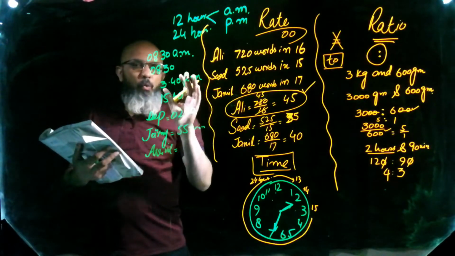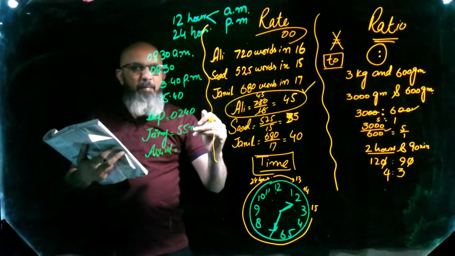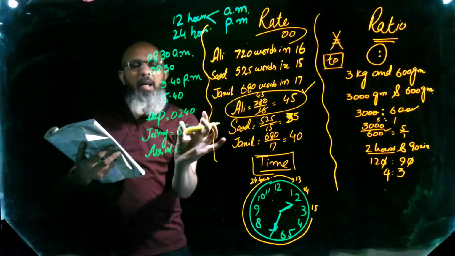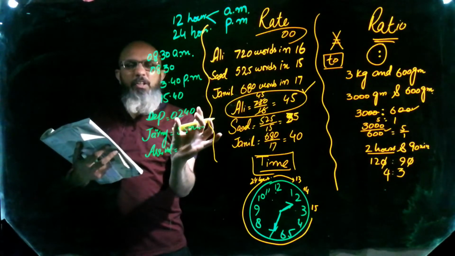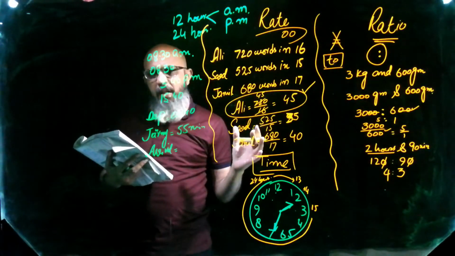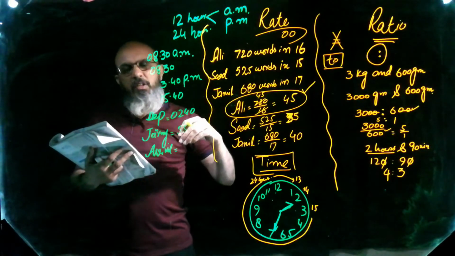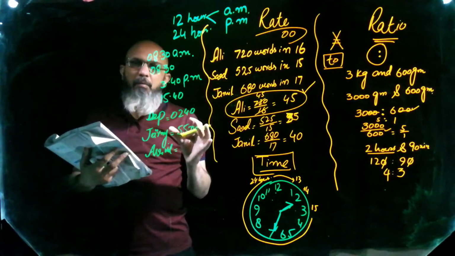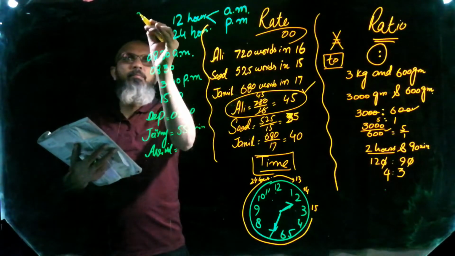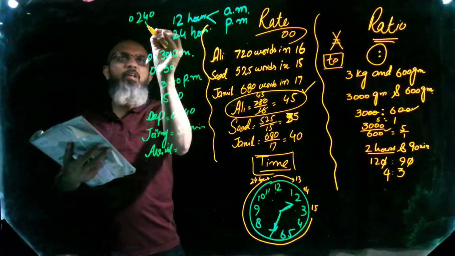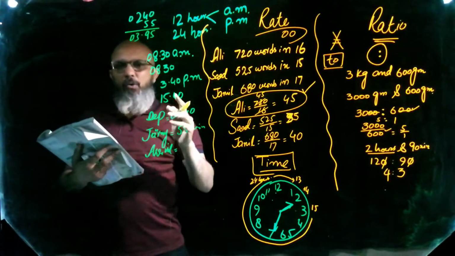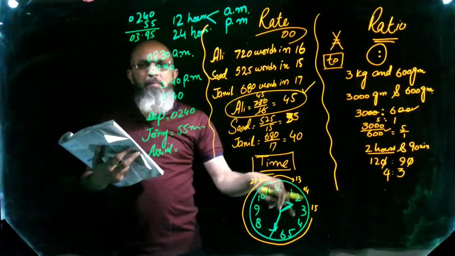When the departure time and the journey time are given and you have to find the arrival time, at which time the train will arrive, we add the journey time to the departure time. It's 2:40 and we add 55. I already told you in the lecture that time calculation is a little bit tricky. If we add 55 minutes to 2:40, the minutes come to 95, right? Now there is no 95 minutes, the maximum is 60 minutes.